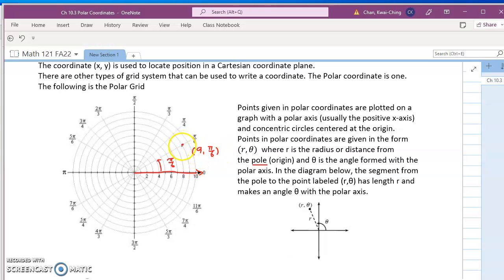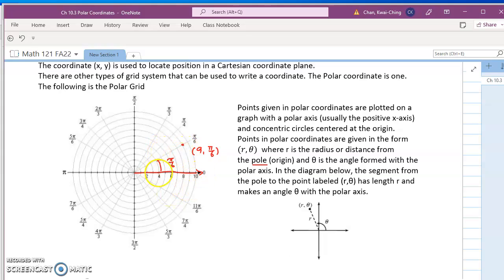Basically, you tell people how far away you are from the pole, 9 away, and the angle in radians you turn to get to that point. This identification is called polar coordinates, and this grid is called the polar grid.